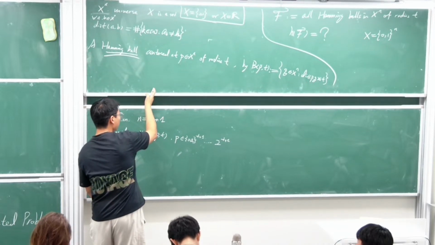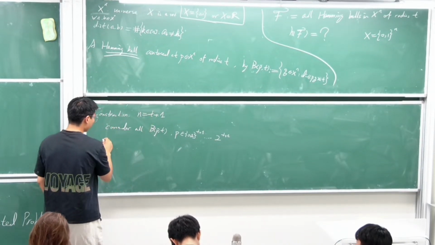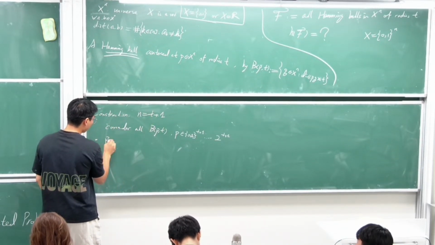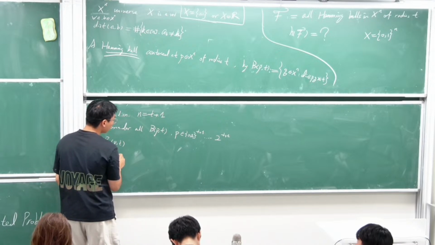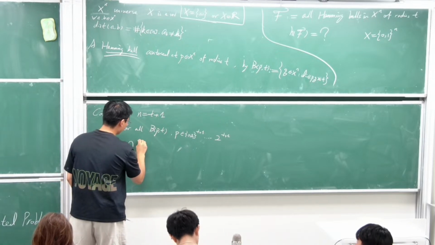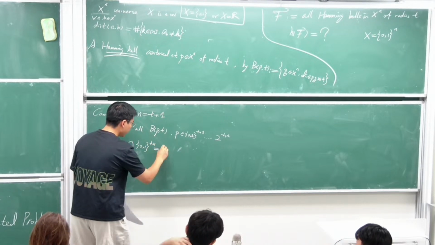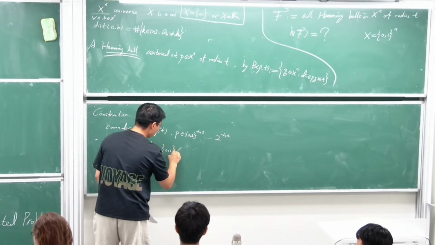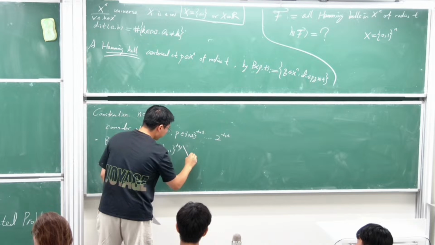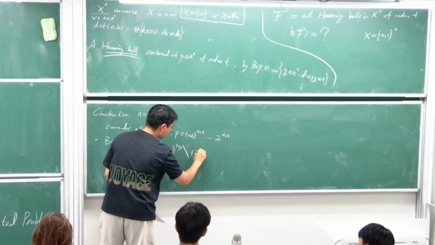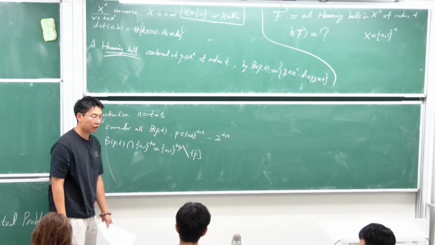So the crucial observation is that every such Hamming ball intersected with the {0, 1} cube is really everything minus one specific point, which I call p bar. What is this point?